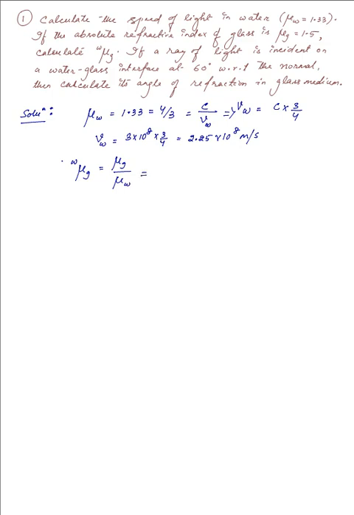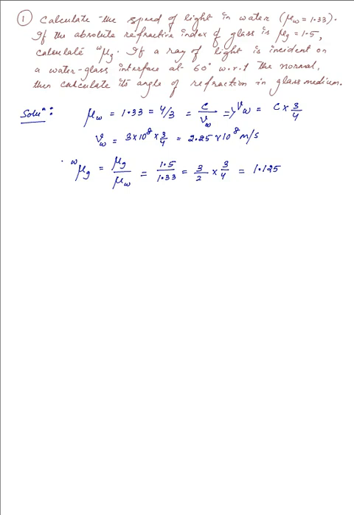Now the absolute refractive index of glass has been given, that is 1.5, and that of water is 1.33. Now 1.5 can be taken as 3 over 2, and 1.33 can be taken as 4 over 3. The reciprocal of that gives me 3 over 4. So that is going to be equal to 9 over 8, or roughly 1.125, and that's the value.